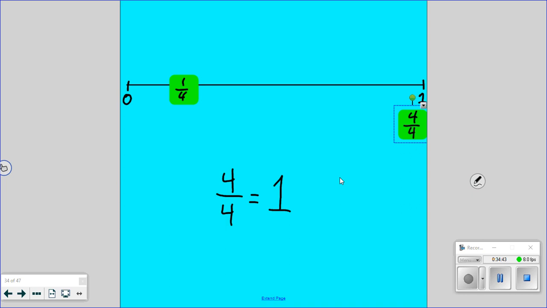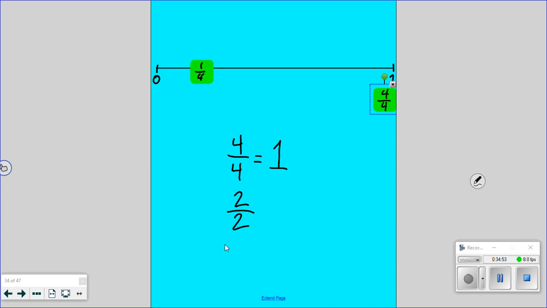Let's try another one. Emma, what about if I had 2 halves? Brogan, you're going to help us with that. I split something in half, okay, and I have both halves. Is that worth one whole? Yes. All right, so it works with that. What about thirds? If I split something into thirds, and I have all three of them, what is that worth?